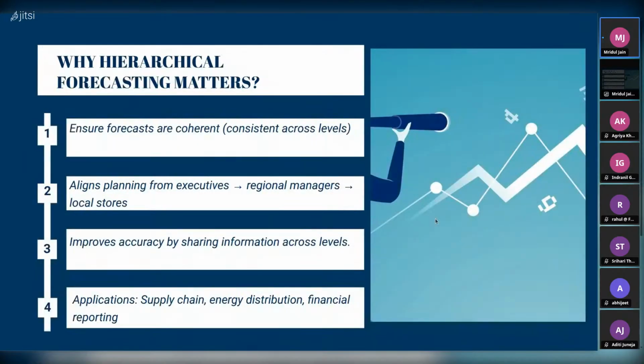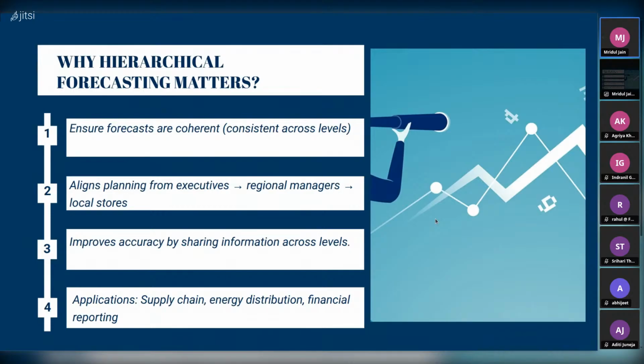Now let's talk about why hierarchical forecasting even matters. The first is it ensures forecasts are coherent. They're consistent across all the levels. A simple example to explain this point is, if you manually sum up the sales from the region levels altogether, and then you also calculate the state level sales, you can see the numbers don't match sometimes.